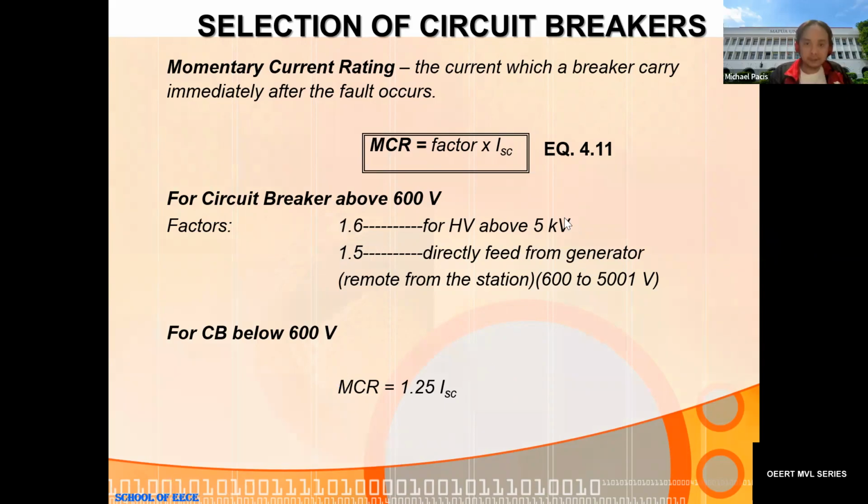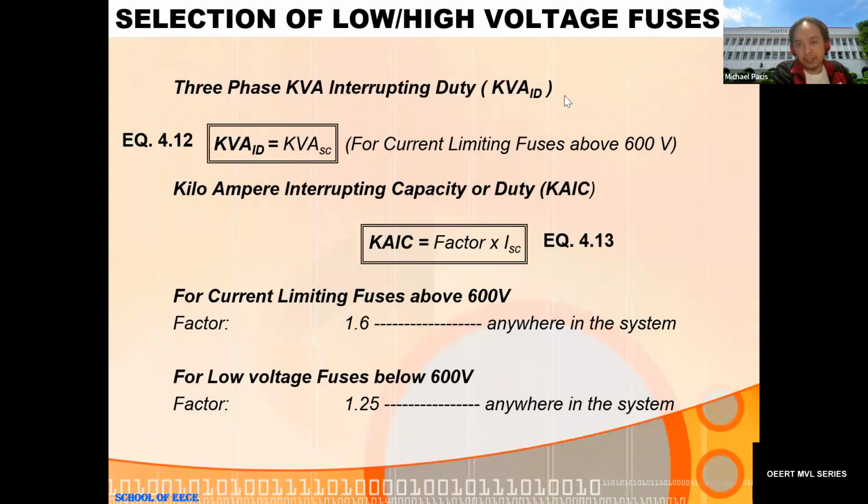We can move forward. And then the others is for the fuses, if you want to use a fuse instead of a circuit breaker for the fault point. So equation 4.12, this is the 3-phase interrupting duty or the kVA-ID. If the fault voltage is above 600 volt, you need to have the kVA-ID, which is equal to kVA short circuit. Okay, now you have your CAIC here. The factor, you need to multiply it by ISC.